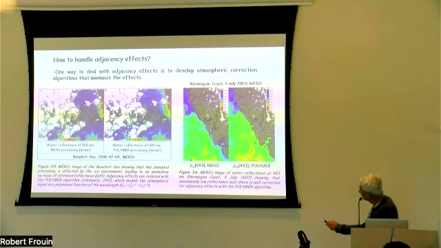And you see also that in the inland waters, in this black area, you just have too low values at 412 nanometers. But if you use the polynomial algorithm, you can see that the picture is quite different. You don't have these values anomalously low along the coast. And now you can retrieve something in the inland waters.